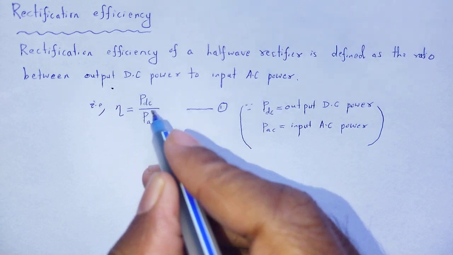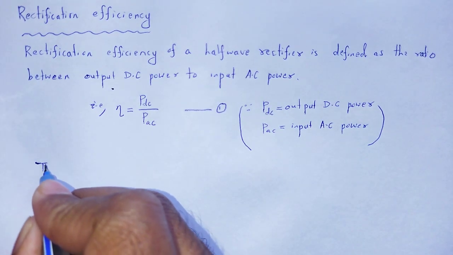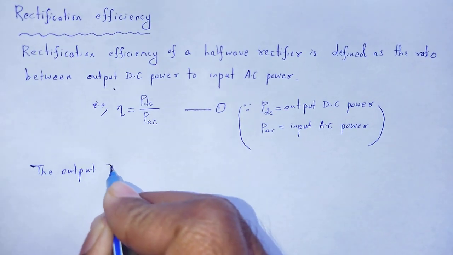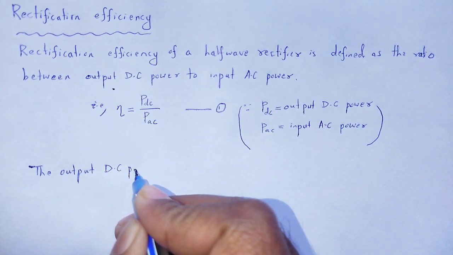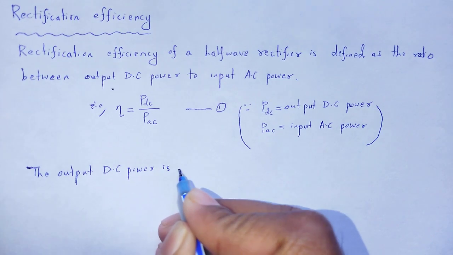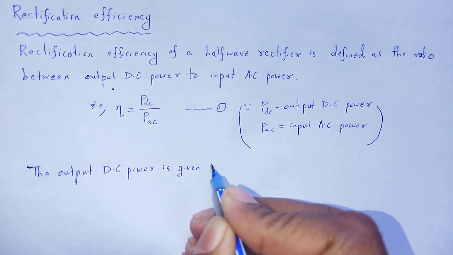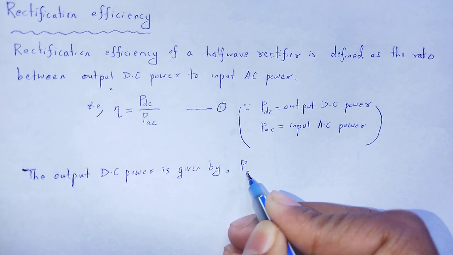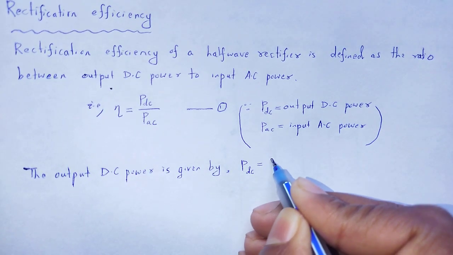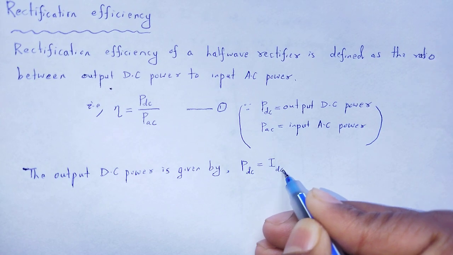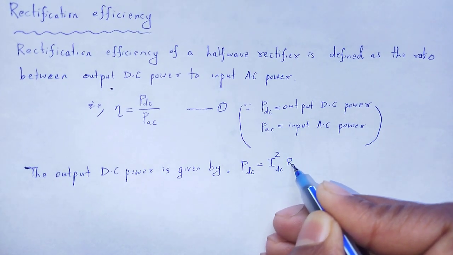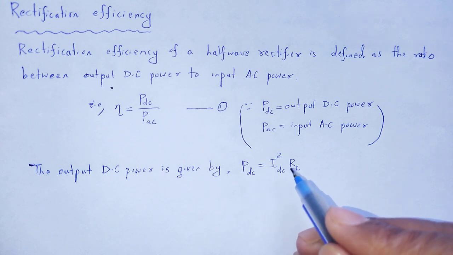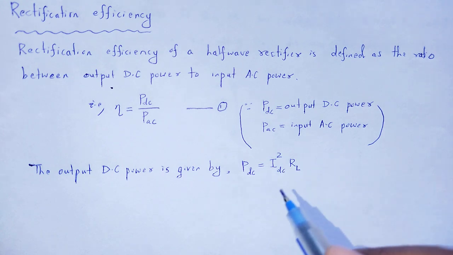The output DC power is given by P of DC is equal to I DC square times load resistance R L. This means P is equal to VI, voltage into current.